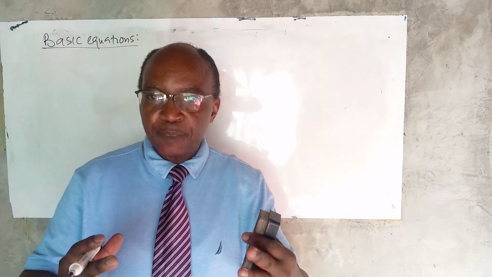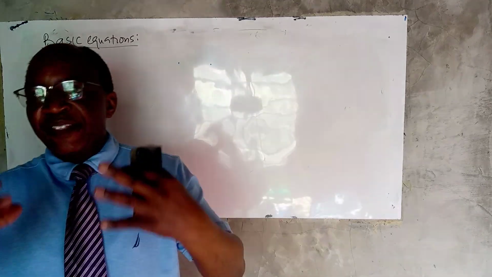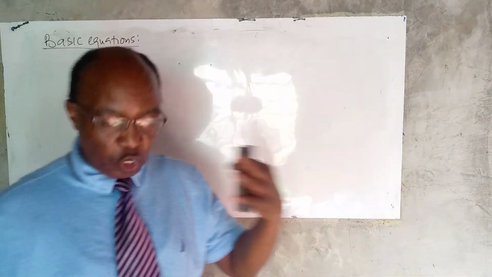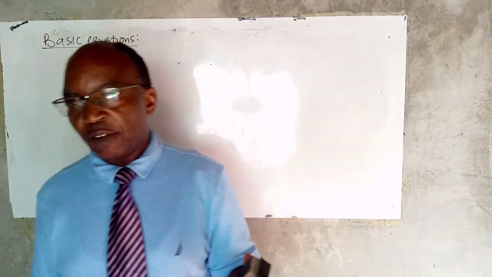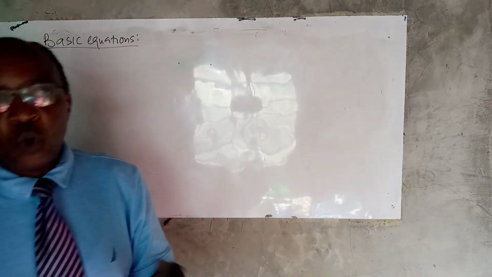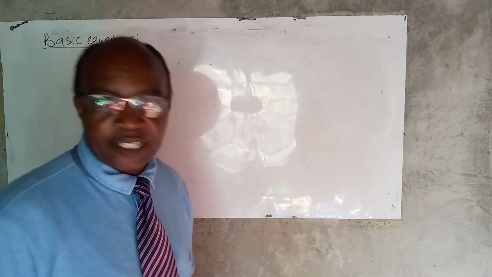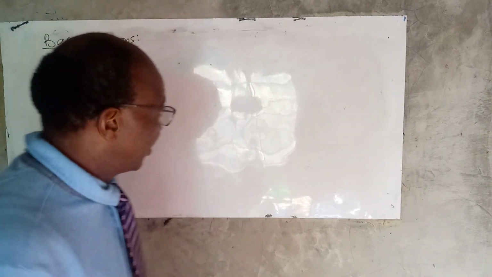So we must get these particular expressions in their differential forms. We want to write the first law of thermodynamics in its differential form, and the second law, and of course the principle of conservation of mass, the continuity equation, in differential form.